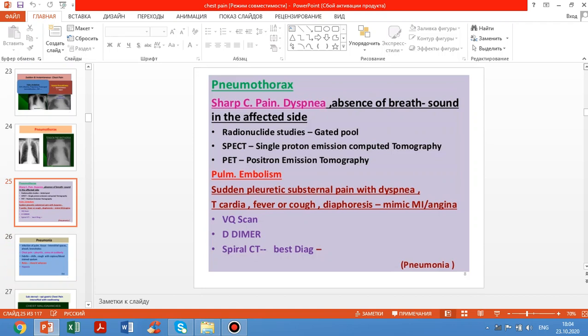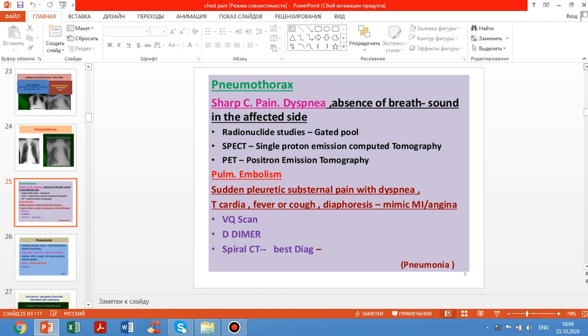Radionuclide studies: SPECT, single photon emission computed tomography, and PET, positron emission tomography.